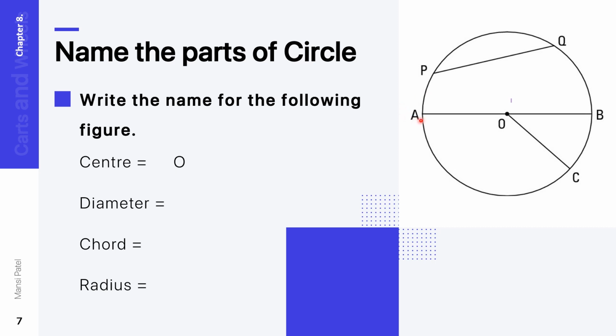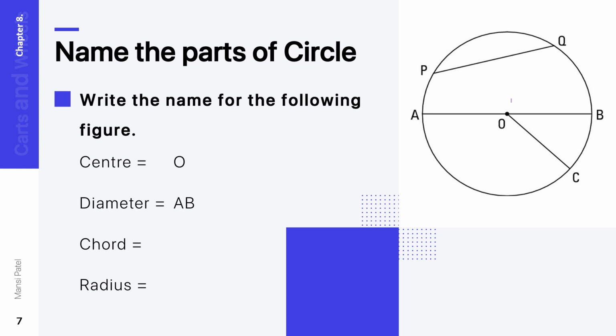But line segment AB is passing through the center O. So our diameter is AB. In AB, both endpoints lie on the circle, and it passes through the center.